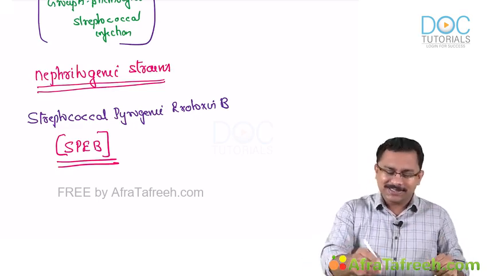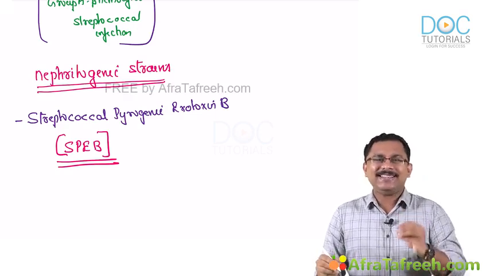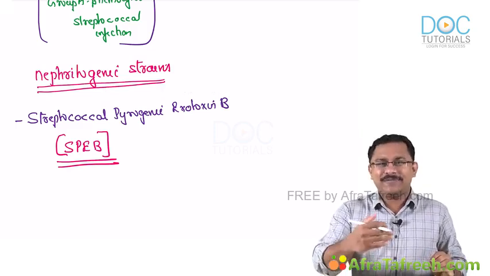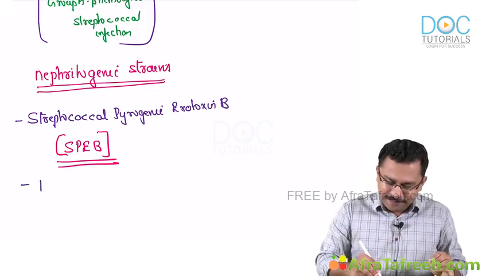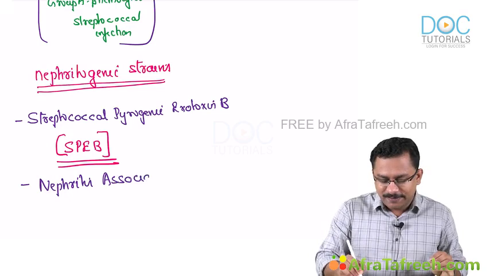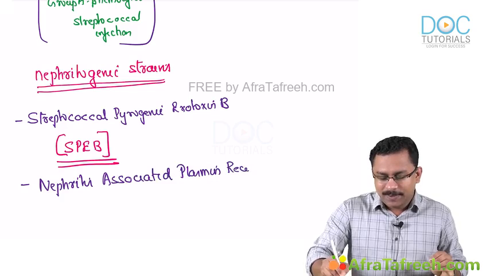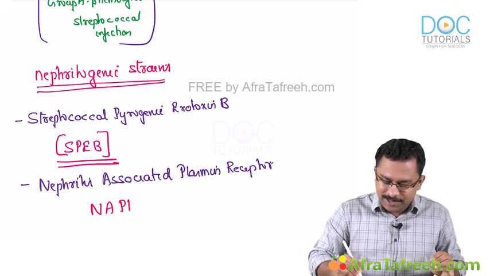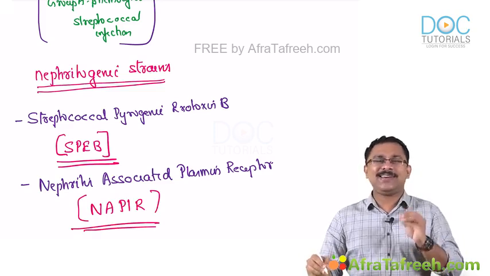Though I told you this is predominantly because of the SPEB antigen, another antigen that is also implicated in the pathogenesis of post-streptococcal glomerulonephritis is the nephritis associated plasmin receptor, NAPLR.